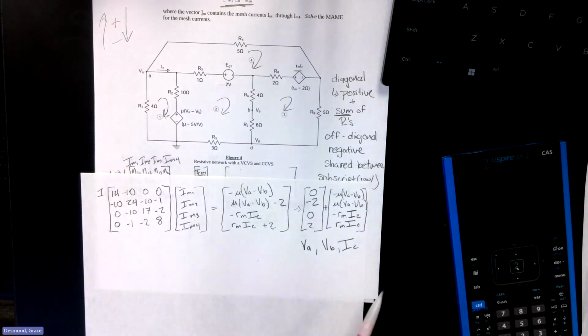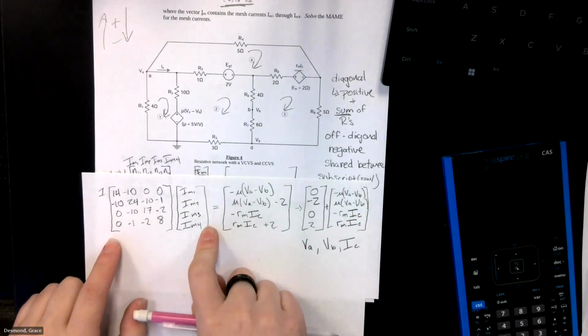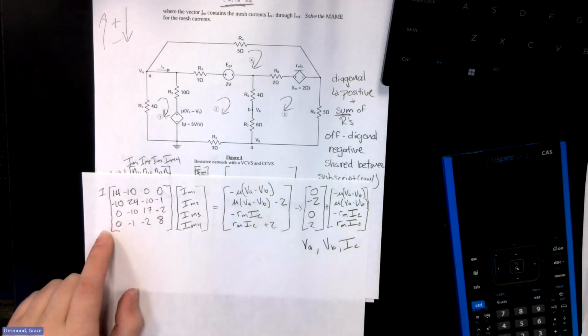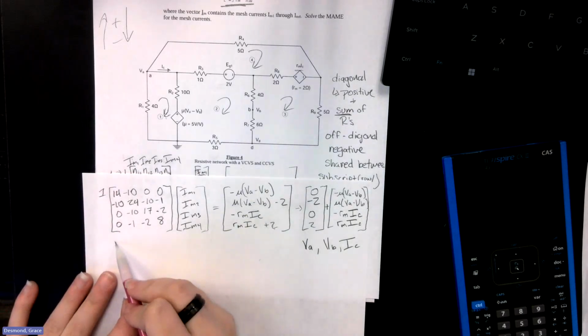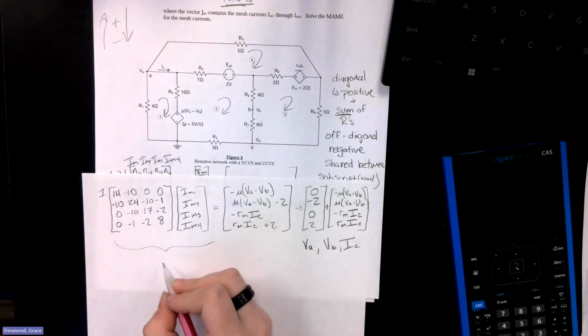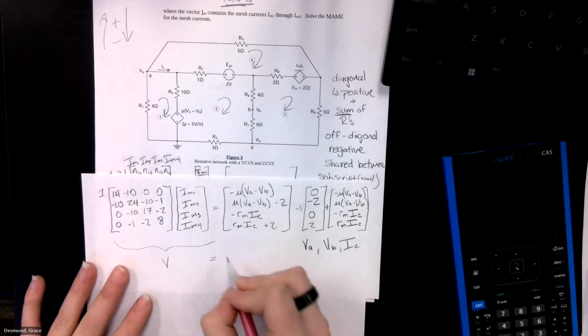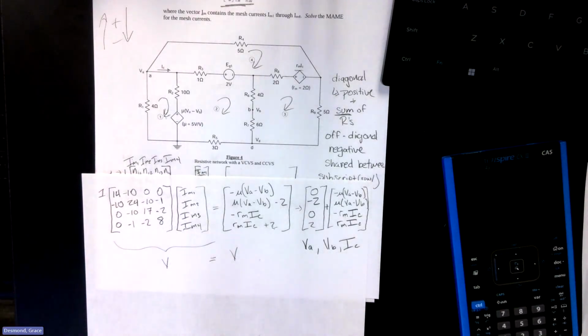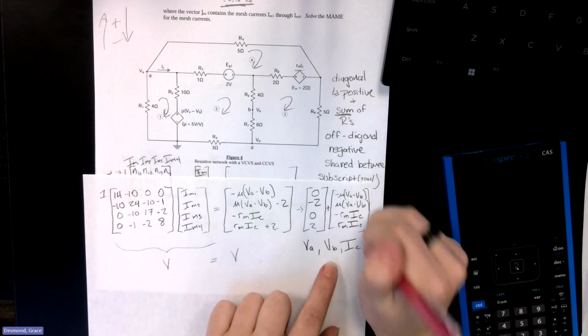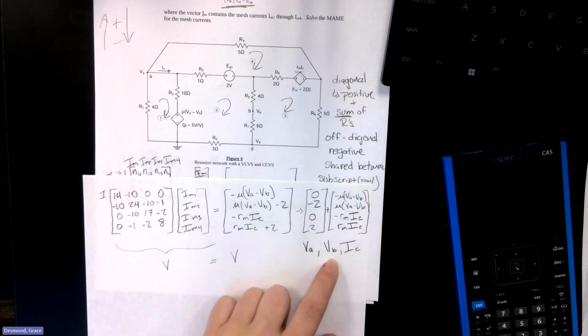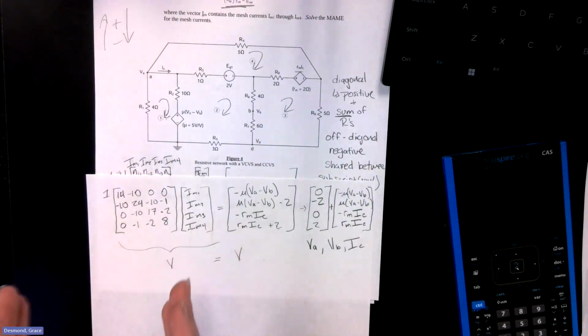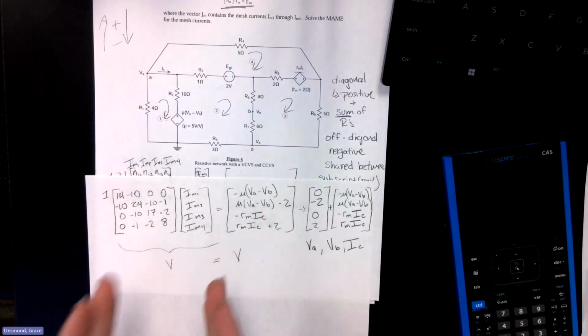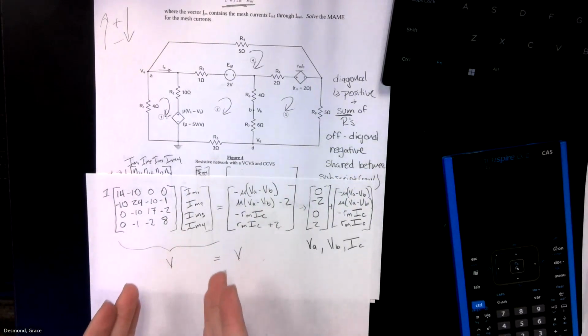How do we get a voltage? Are these voltages? So that's the fun thing that's hard to see. This, when multiplied together, is a voltage, which equals voltage, right? So all we need to do now is go the other way. We want to change these voltages, because we agreed those are voltages, into a matrix of resistances multiplied by a mesh current vector. That's all we're doing.